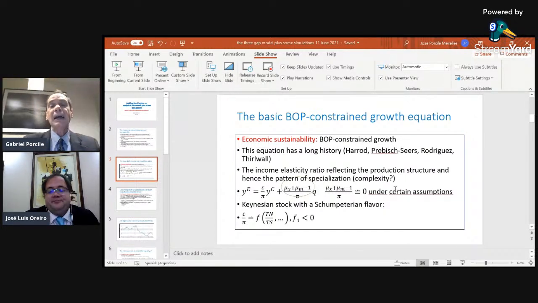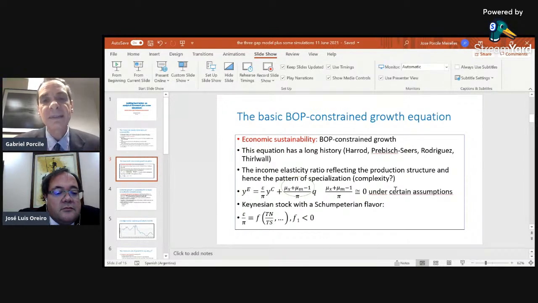So I mentioned that we will try to put these three dimensions of sustainable development together, and we are using for that three rates of growth. The first is the balance of payments constraint rate of growth, which gives me an idea of the growth which is sustainable from an economic point of view.